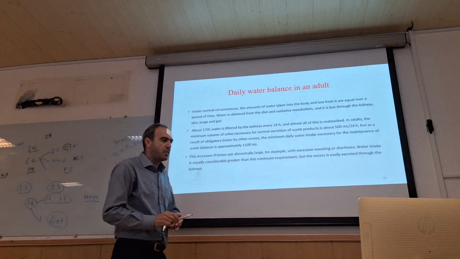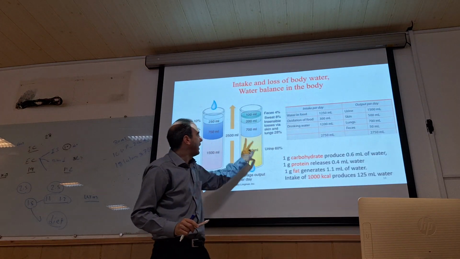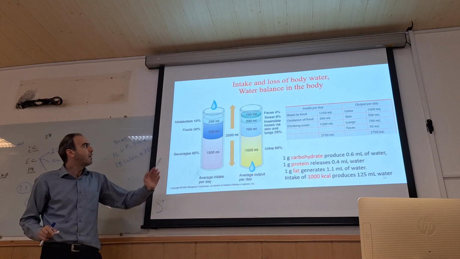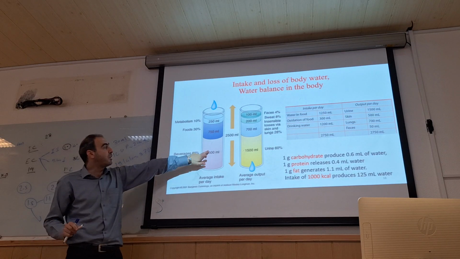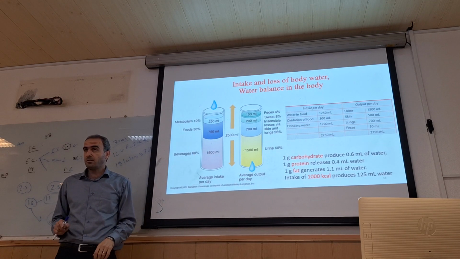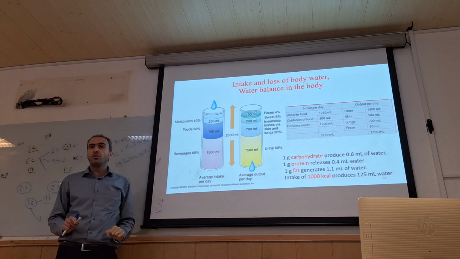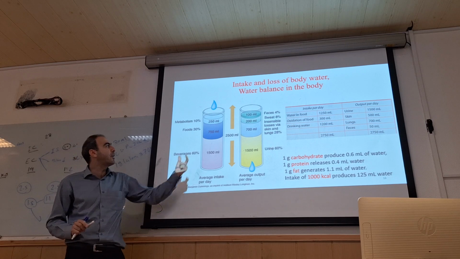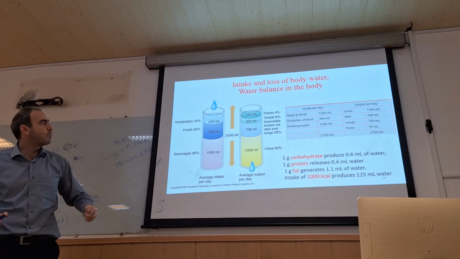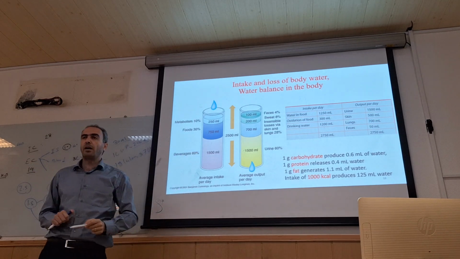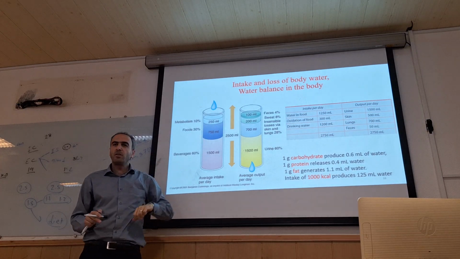In the next slide, we have some numbers about water intake: drinking 1.5 liters, metabolism 250, and food 750, so the overall is about 2.5 liters. Do you remember from metabolism?